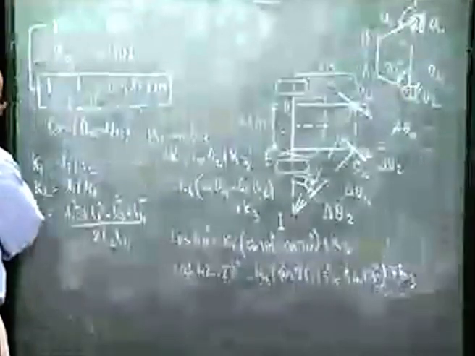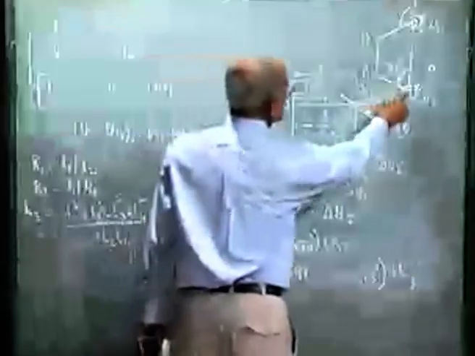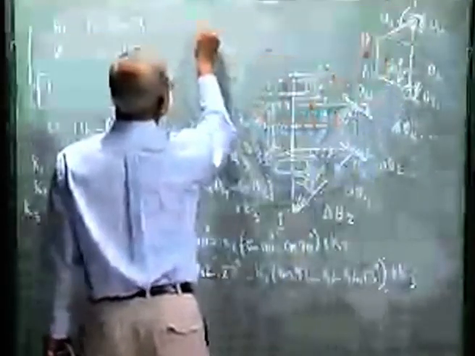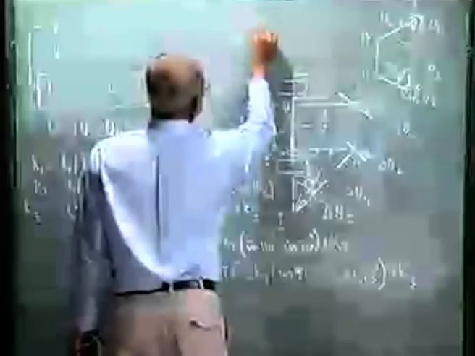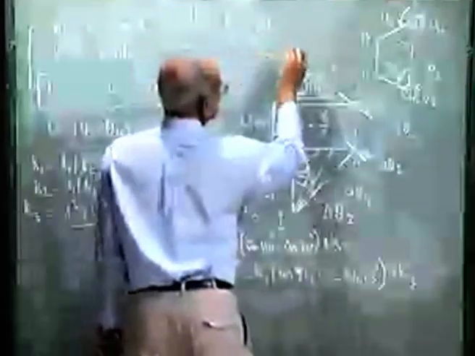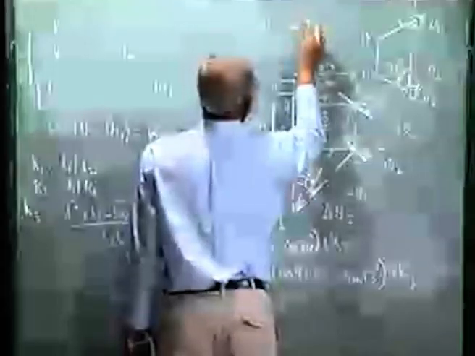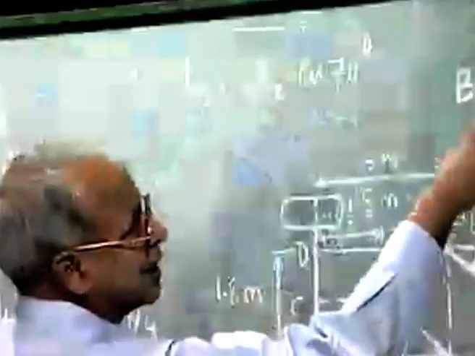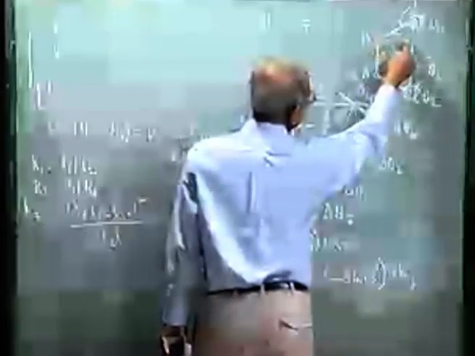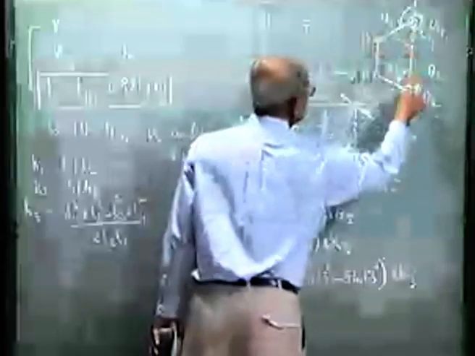K3 I can use to solve for L3, but I can also use this configuration where I can see that L1 is L3 plus 2 L2 cosine 70 degree. L2 cosine 70 degree plus L4, which is same as L2, this is also 70 degree, so again L2 cosine 70 degree plus L3 is L1.